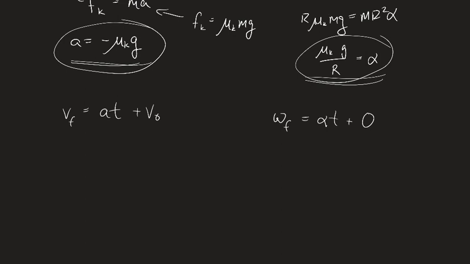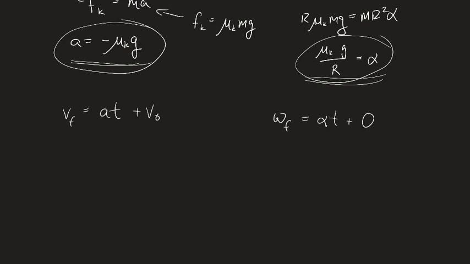So the goal here should be to figure out when that occurs. Follow what I'm saying? That's what you want to do. You want to figure out when they reach that united velocity at the same time, and then go back and figure out what the horizontal distance is.